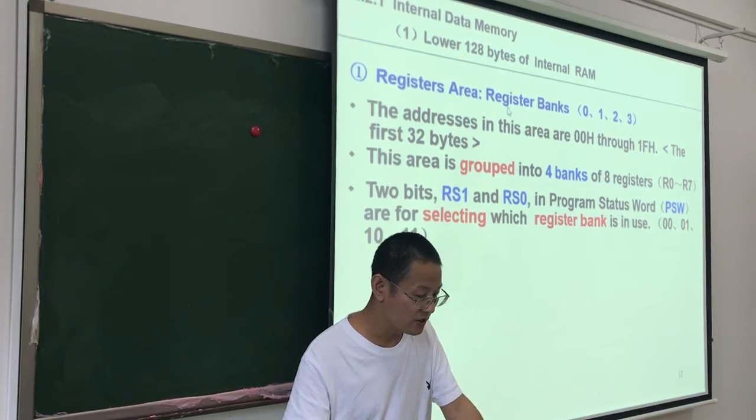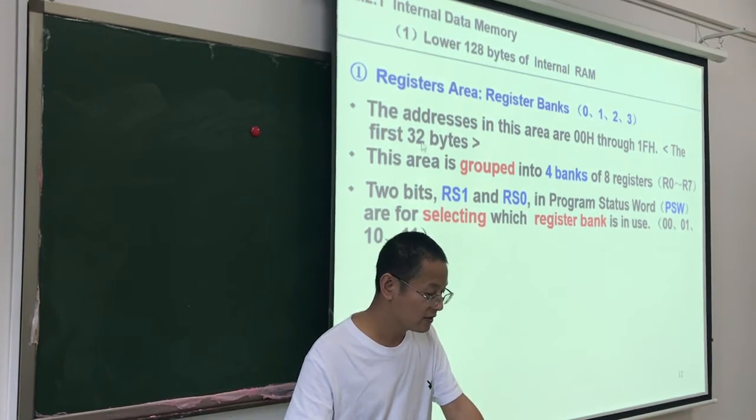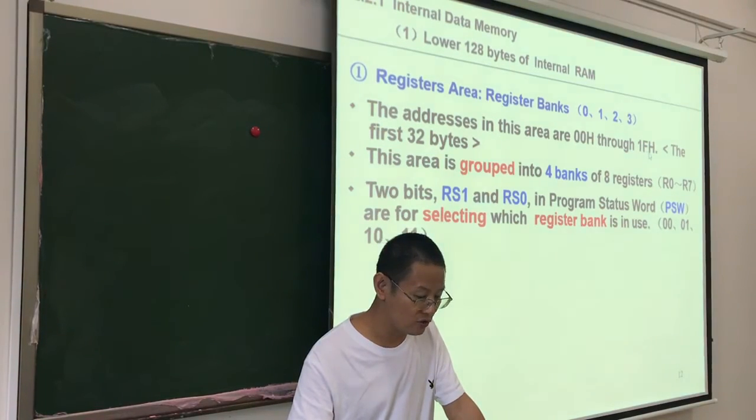Register area, register bank 0, 1, 2, 3. The addresses in this area are 00H through 1FH, the first 32 bytes.